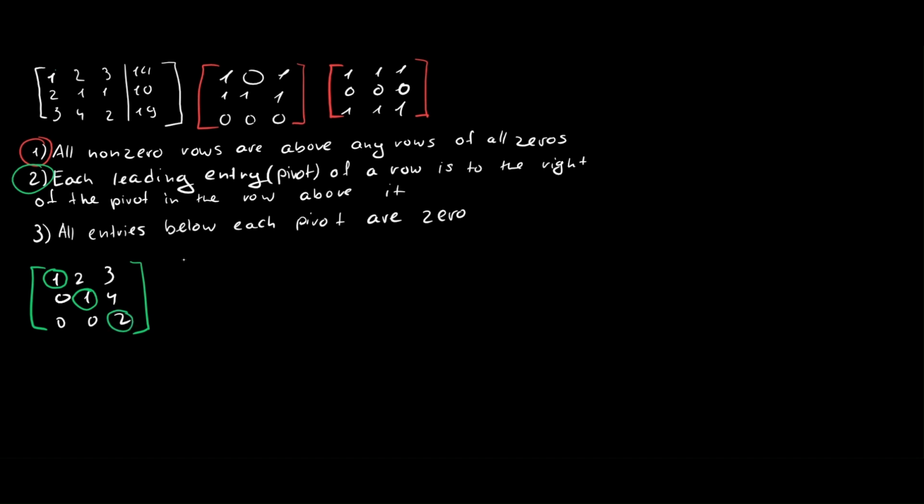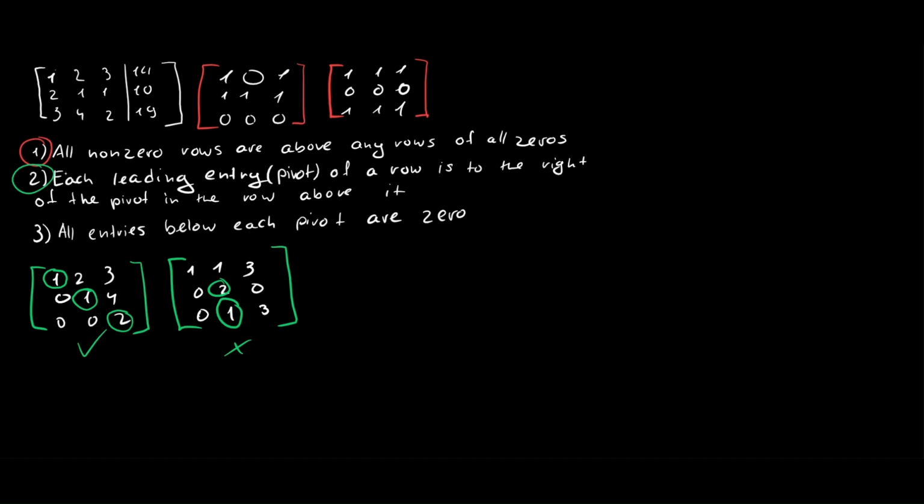And just to make a counterexample, let's take a look at this matrix. In this example, row 2 satisfies the condition, but row 3 doesn't, because it's not to the right of the row above. So this would be a no, and this would be a yes.